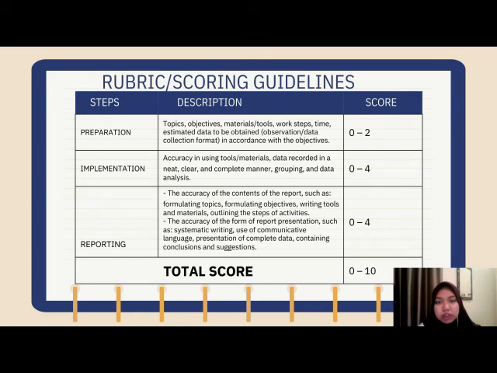For the reporting, we have the accuracy of the content of the report, such as formulating topics, formulating objectives, creating tools and materials, outlining the steps of activities, and the second one is the accuracy of the form of the report presentation, such as systematic writing, communicative language, presentation of complete data, and also containing conclusion and suggestion, from score 0 to 4. So the total score of this rubric is 0 to 10.